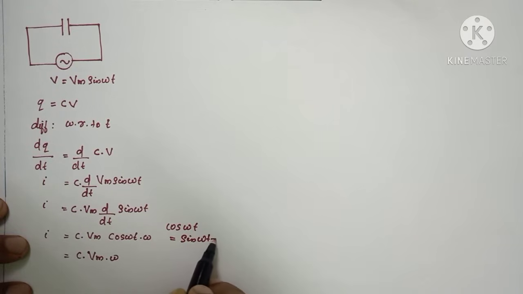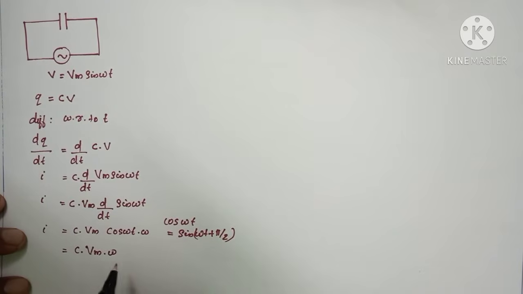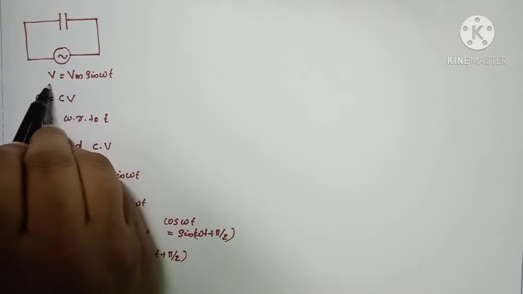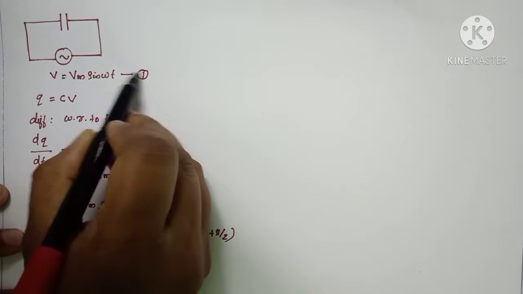I choose this sin omega t plus pi by 2 instead of cos omega t, so that simply I can write this as C Vm omega into sin omega t plus pi by 2. This can be equation number 1.